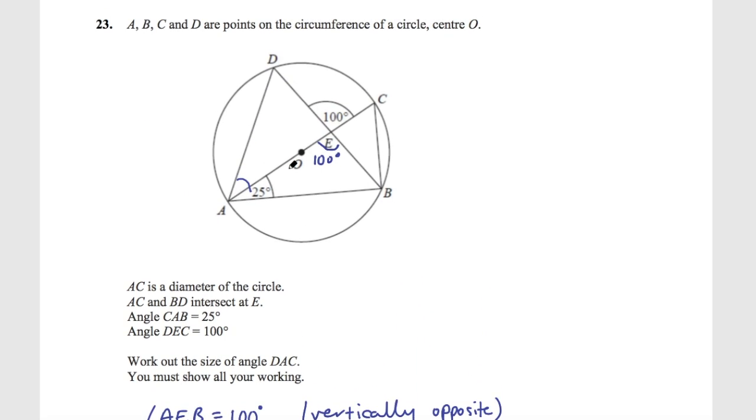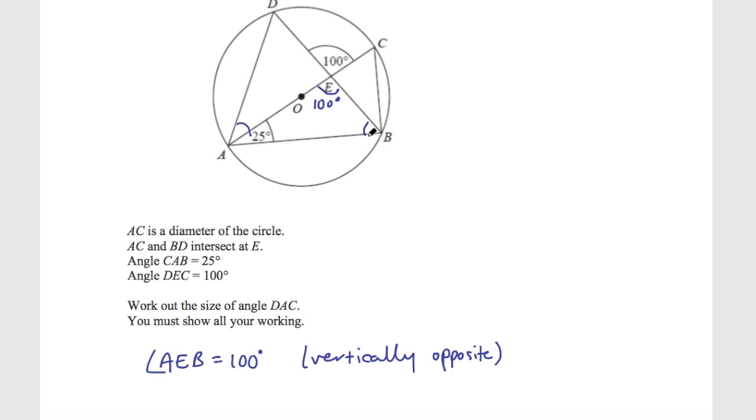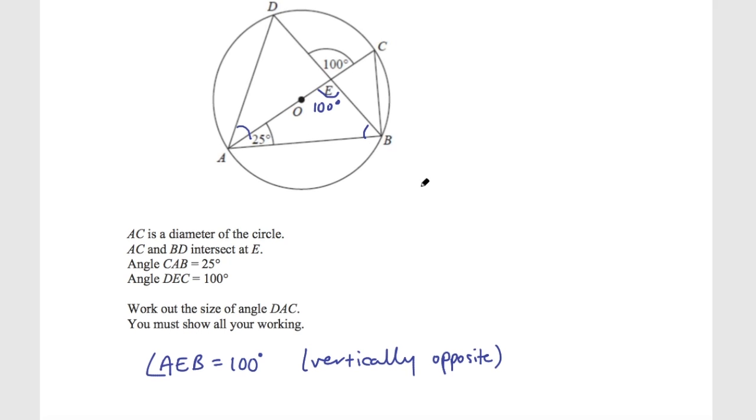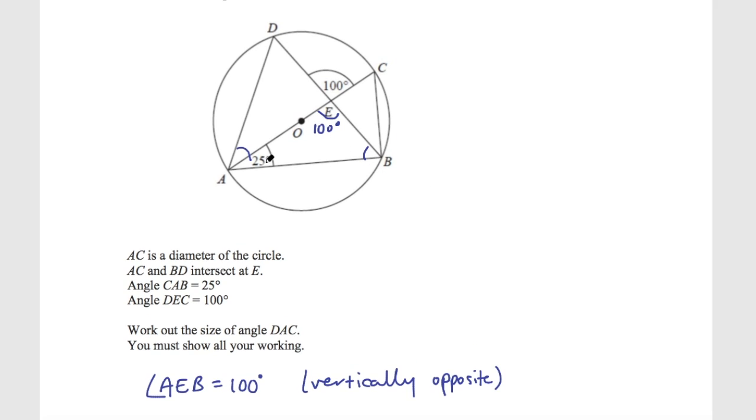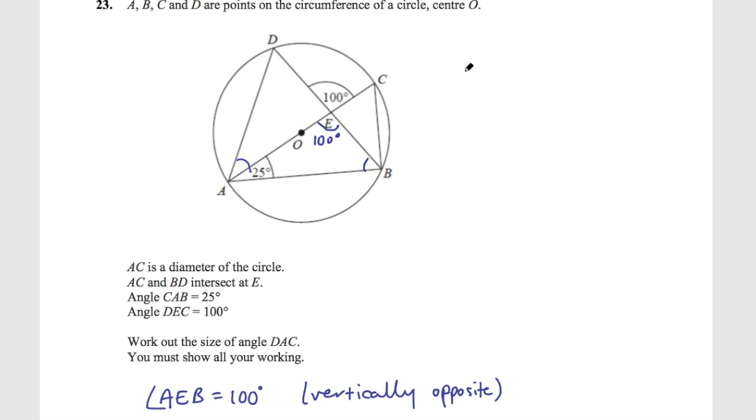And in here, AEB, we have a triangle, and I can work out this angle, EBA, because angles in a triangle add up to 180. So 100 plus 25, that's 125. And then to add up to 180, 125 plus what equals 180?